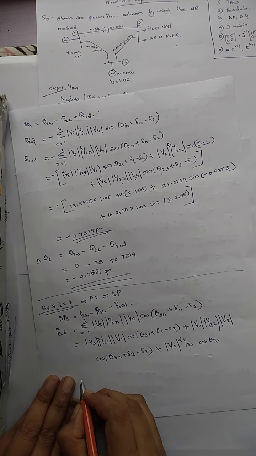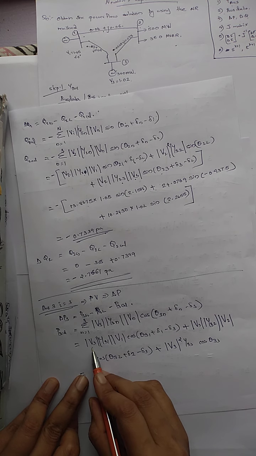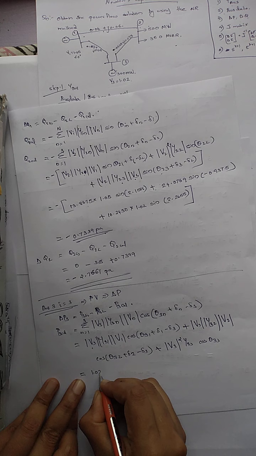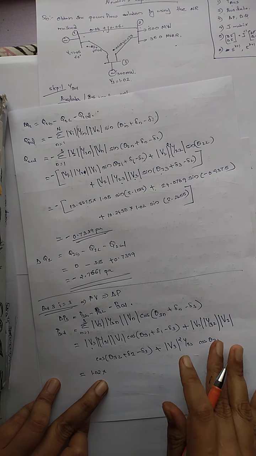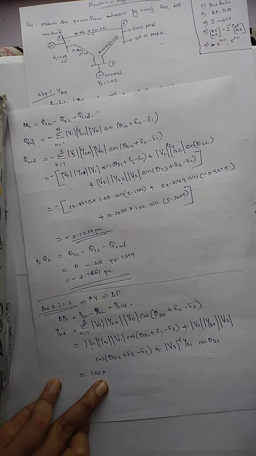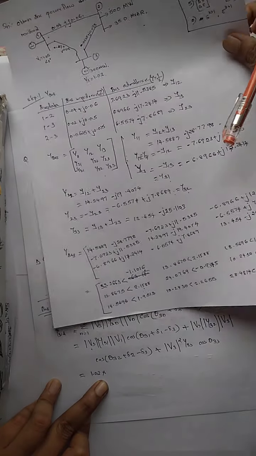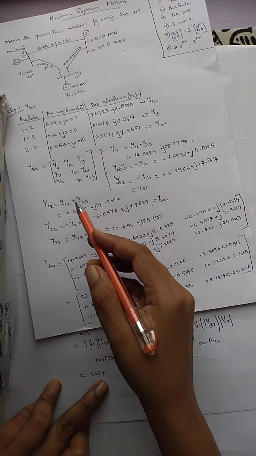If I am substituting, V3 value is already given as 1.02 into Y31. What is the Y31 value?